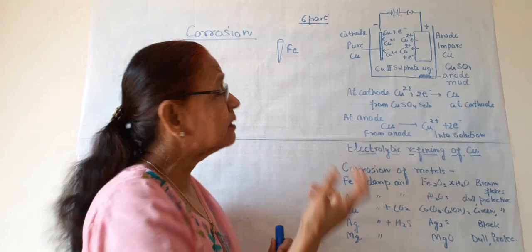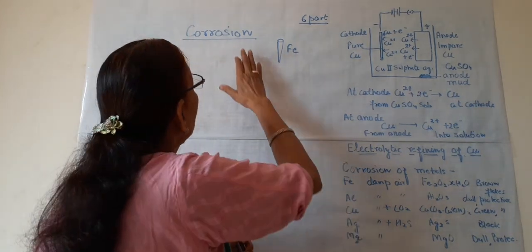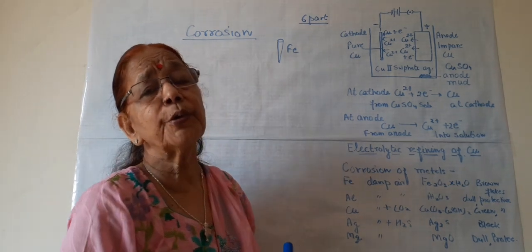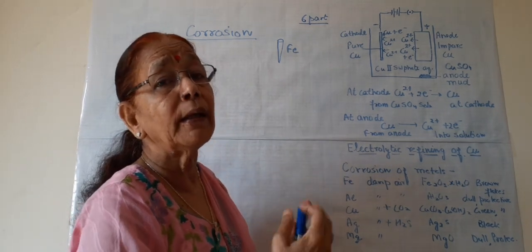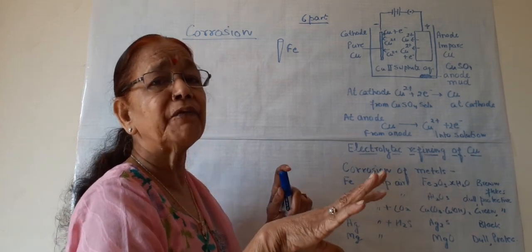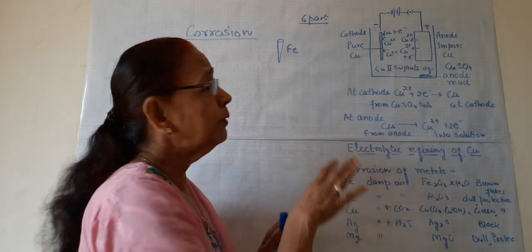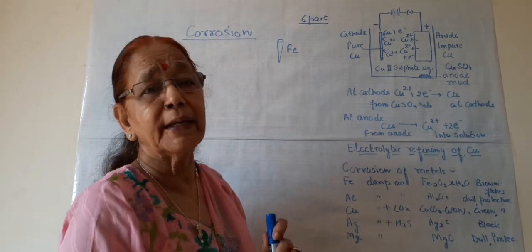What is this rust? Rust is corrosion of iron. So how can we define corrosion? Corrosion is the slow and gradual eating up of metal on their surface by the action of damp air. So this is how corrosion takes place.